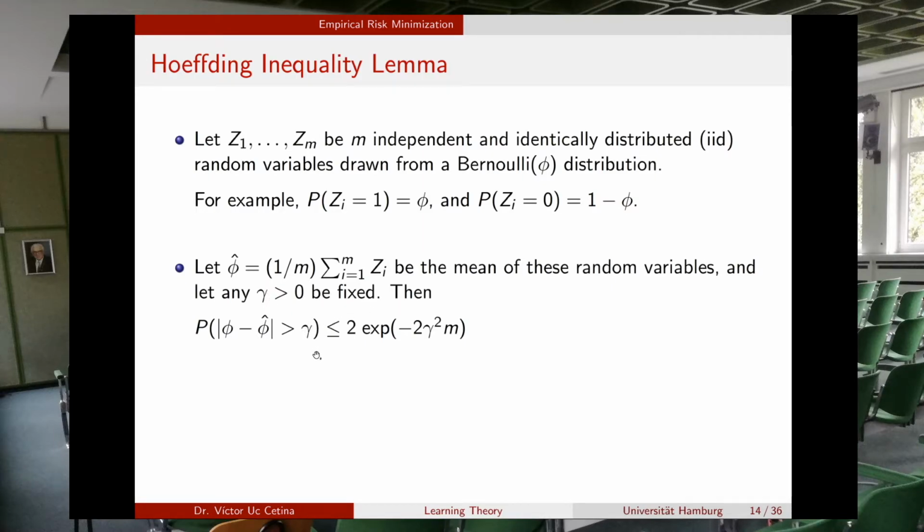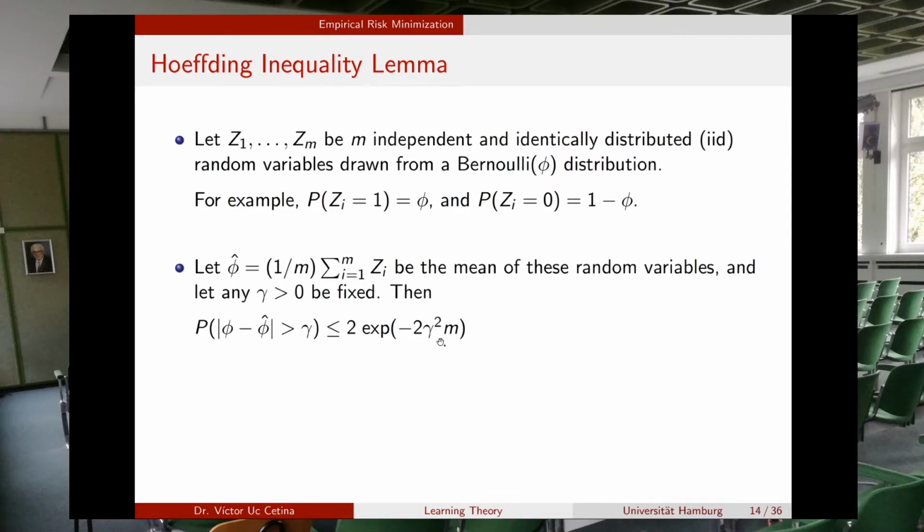Then the Hoeffding inequality says that the probability that the distance between the real phi and the estimated phi is larger than gamma is at most 2 times the exponential of minus 2 gamma squared m.